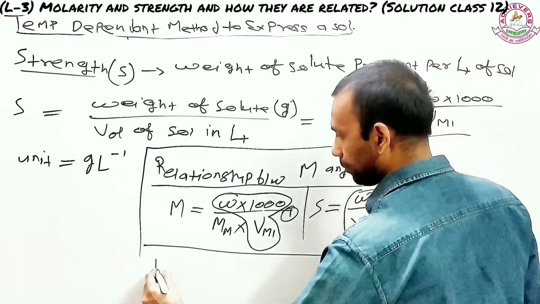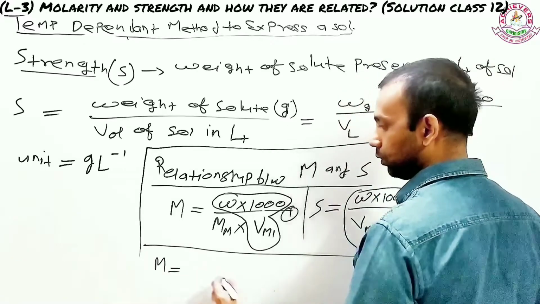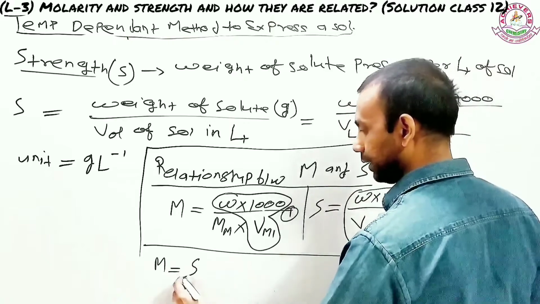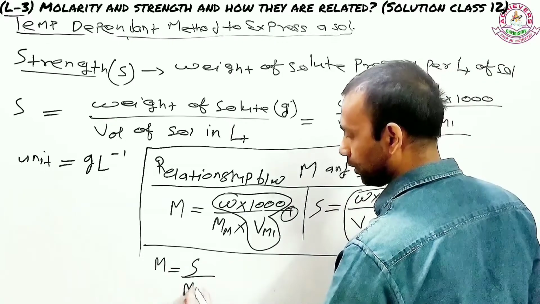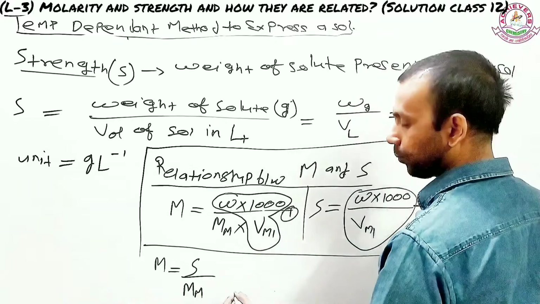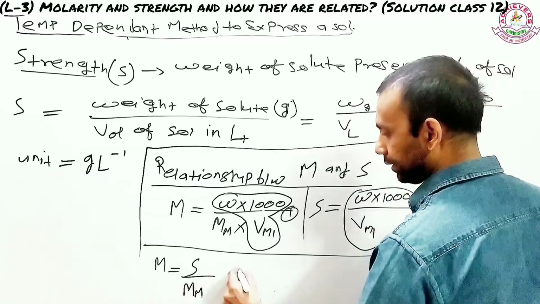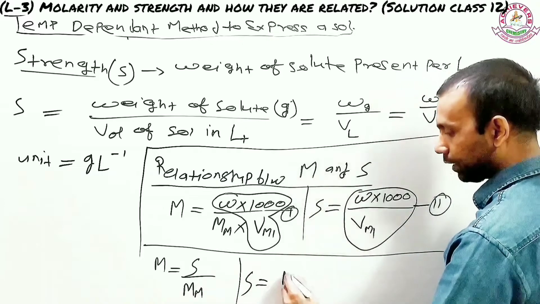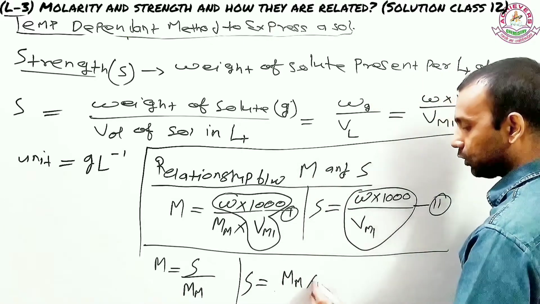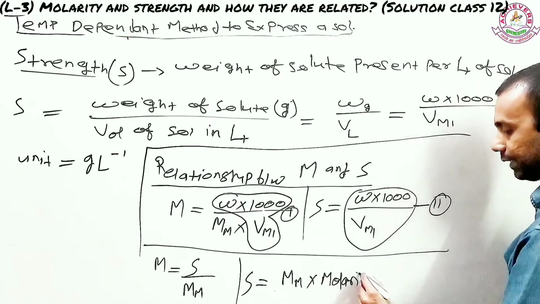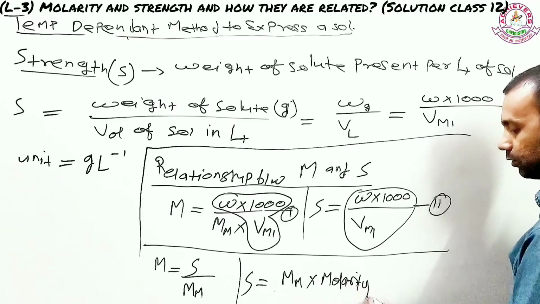So M is equal to S divided by molar mass. So simply, strength is equal to molar mass into molarity. I'm writing complete molarity so that you don't have confusion.